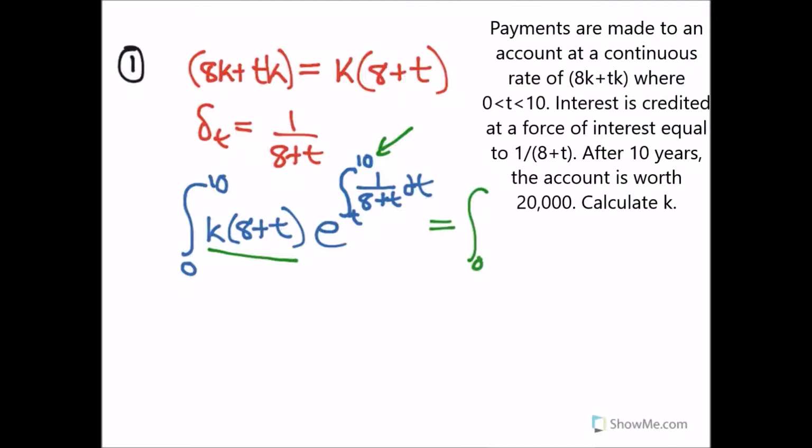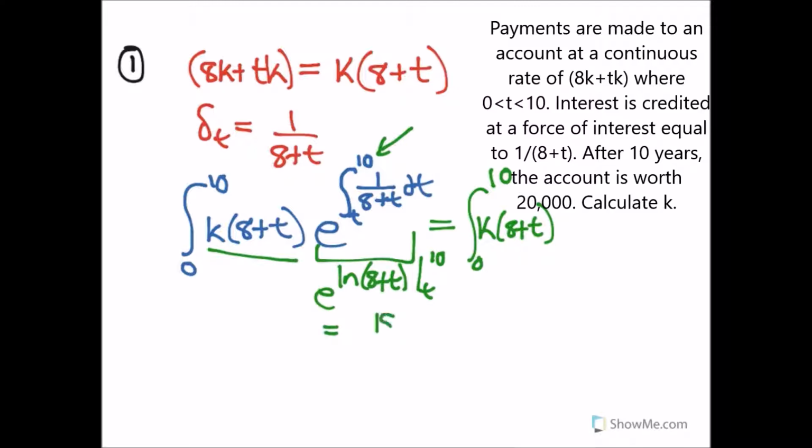It's the integral from 0 to 10 of k into 8 plus t, and this will become e to the ln of 8 plus t from t to 10. So sub in 10, you'll get ln of 18 minus ln of 8 plus t, so this will just end up being 18 over 8 plus t.